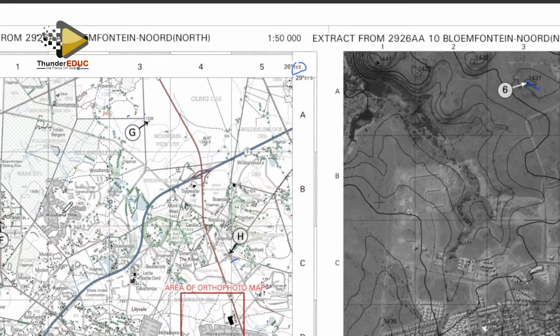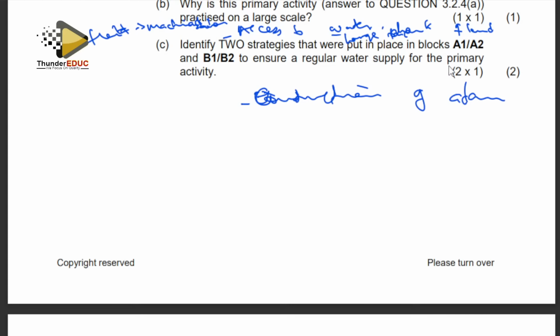I'm looking for evidence. But basically the evidence I can see on this map for now, I can see there's even a silo there. The silos are basically used to store agricultural products. So this is a furrow. So we can say here existence of a dam. We also have the furrows. So we are going to say the construction of the dams and also the construction of the furrows.